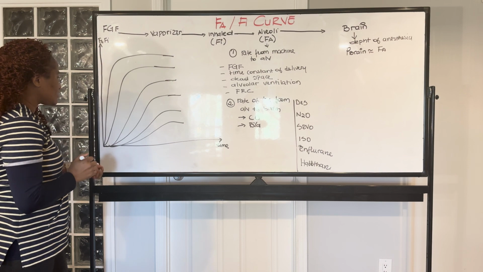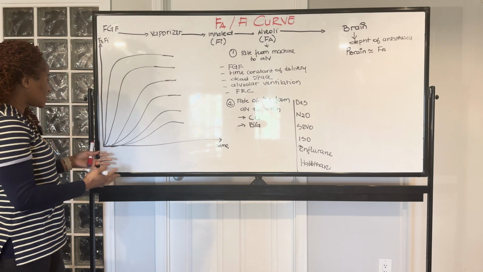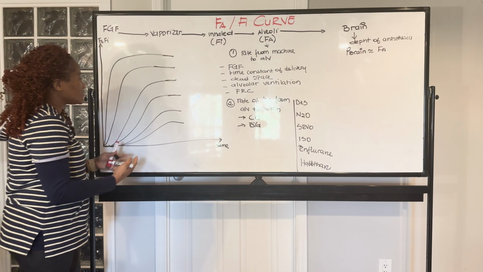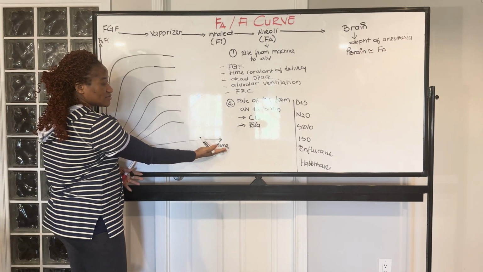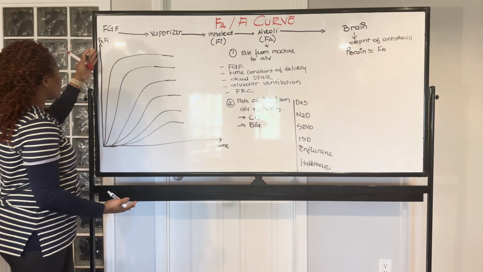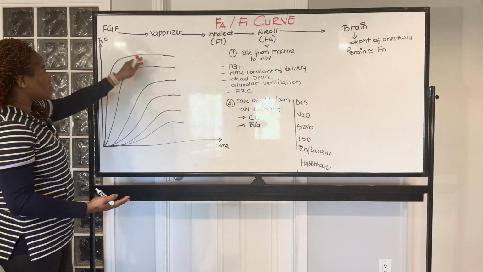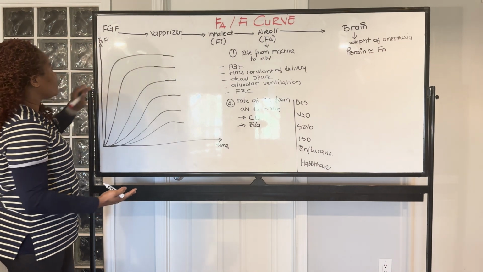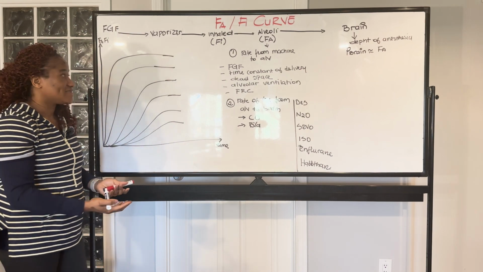So this is going to be our FA/FI curve. It is something like that. Like I said earlier, it's this curve that helps you determine how long it's going to take for your gases to equilibrate from the brain to what has been inhaled, right?